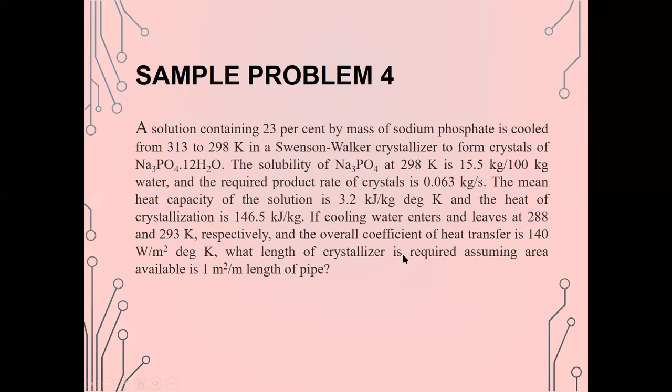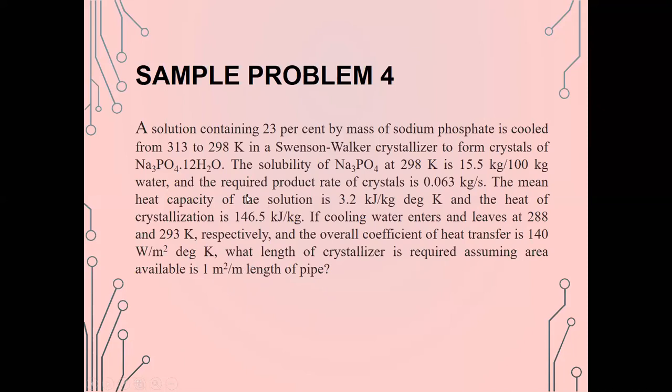If cooling water enters and leaves at 288 and 293 Kelvin respectively, and the overall coefficient of heat transfer is 140 watt per square meter Kelvin, what length of crystallizer is required, assuming the area available is 1 square meter per 1 meter length of pipe? So we will assume that a 1 meter length of pipe will have this available area for heat transfer.